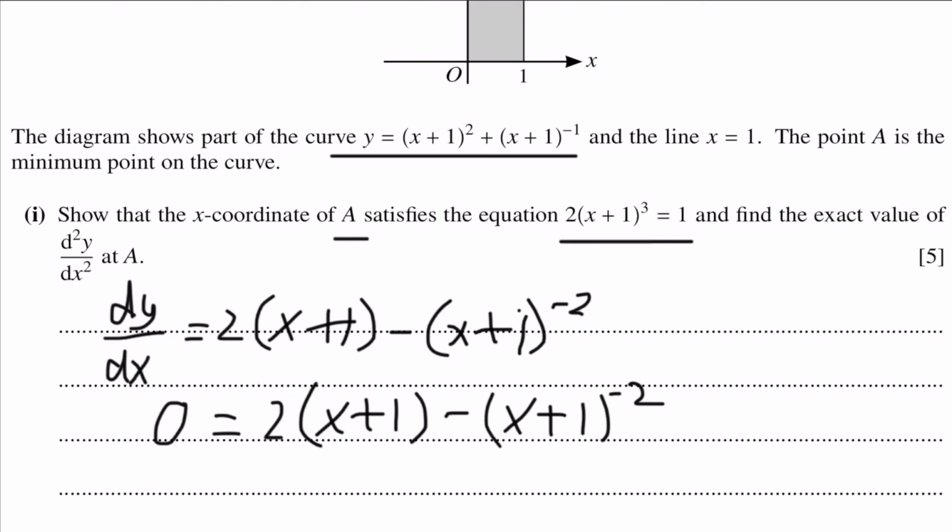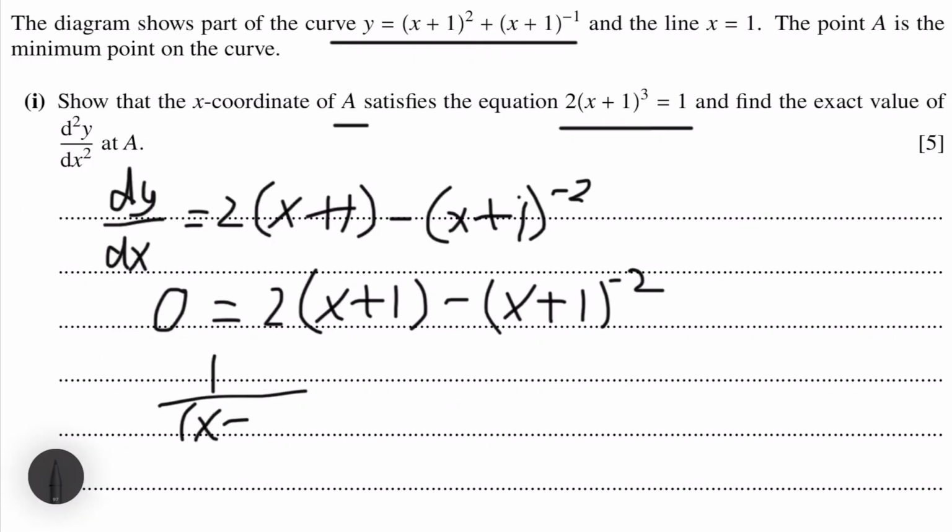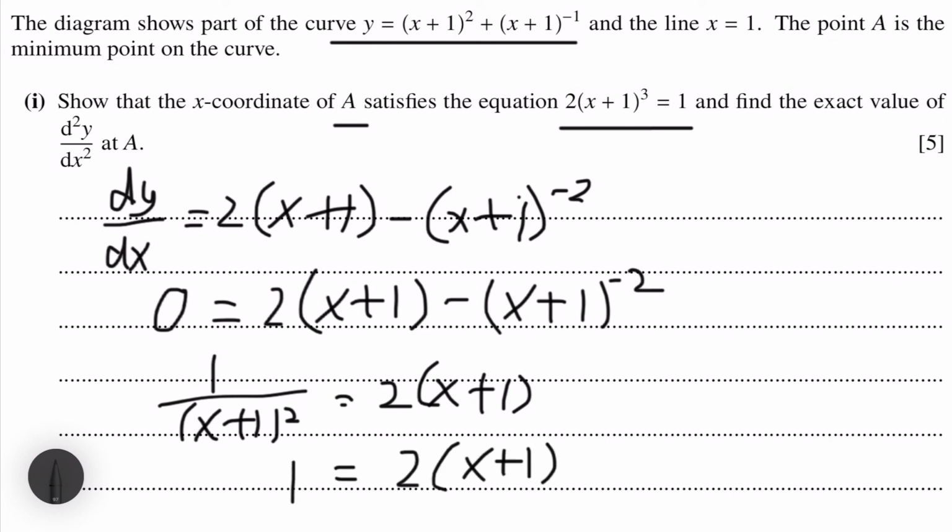You will get 1 over x plus 1 squared is equal to 2x plus 1. And you will get 1 is equal to 2x plus 1 cubed.